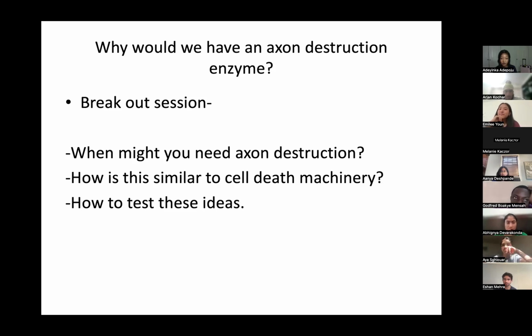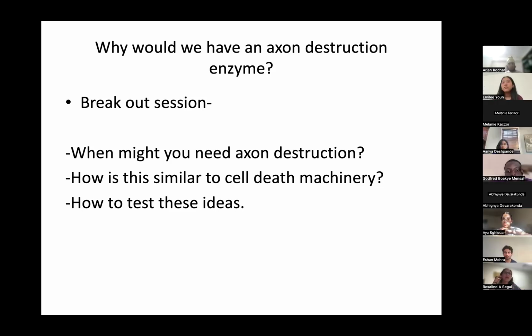So great idea. Other thoughts, Arjan? One of the ideas that my group talked about was if the axon gets injured, it would make sense to destroy the whole thing to potentially conserve energy and maybe prevent harmful substances.